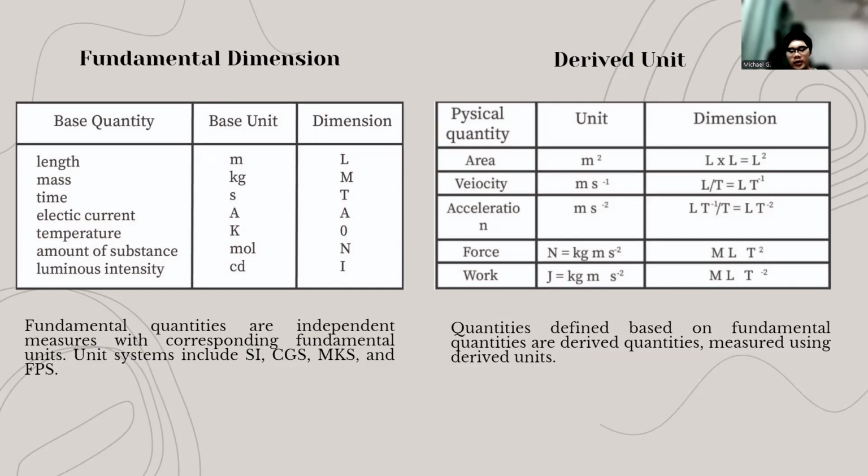This system of units can be further classified as International System of Units, CGS or centimeter gram second system of units, MKS, meter kilogram second, and FPS, foot pound second. And then the quantities which are dependent on the fundamental quantities for their existence are called derived quantities, and the units which are used to measure such quantities are known as derived units.